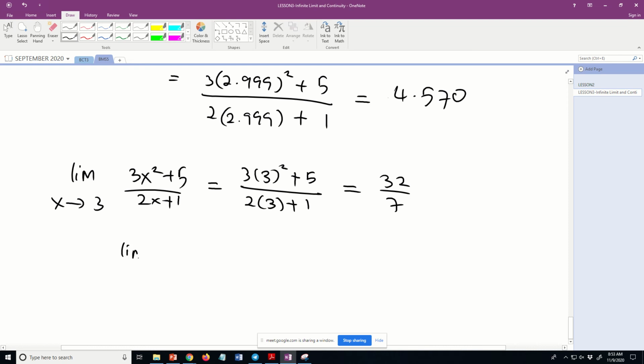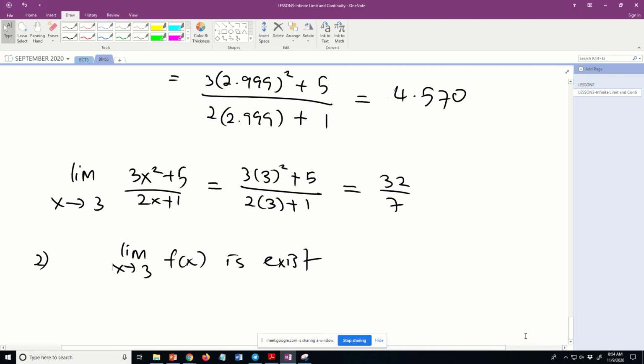So the limit of the function f(x) exists. So what have we answered? We have answered condition 2. This is the function, it exists. Now that condition 2 exists, I can go for condition number 3.